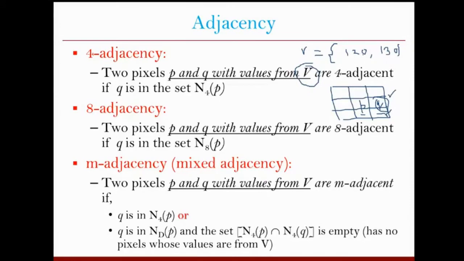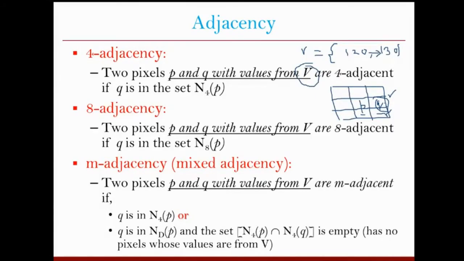So when this set contains values from 120 to 130, P and Q can be considered 4 adjacent only if Q is in N4(P), and the intensity of Q and intensity of P both are coming from set V.